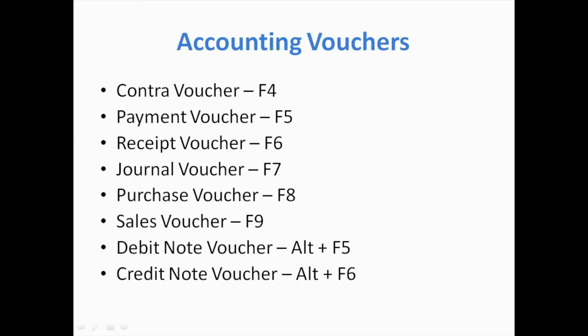So in this session, what we have learned: we learned different types of accounting vouchers, how to make entries in the voucher. Then we learned how to allocate the bills for debtors and creditors, how to put opening balances of debtors and creditors along with their bill-wise entries, and make payment to creditors or receive money from debtors depending on the amount received against each and every bill.